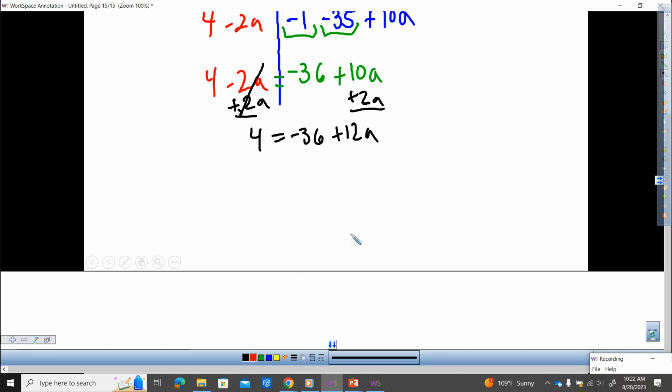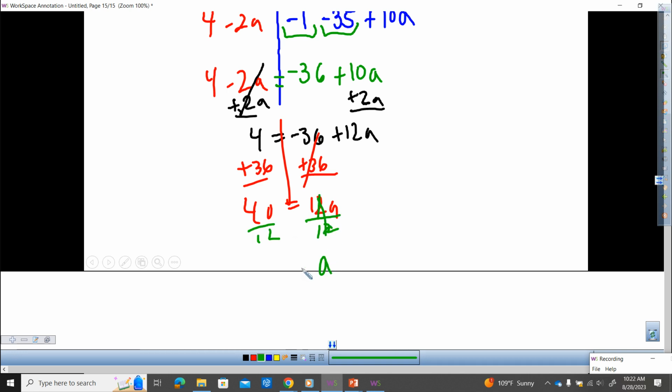Danny? All right, Danny, what do we do? Add 36 to both sides. We end up with 40 equals 12a, and then divide by 12, divide by 12, and we have 40 divided by 12.